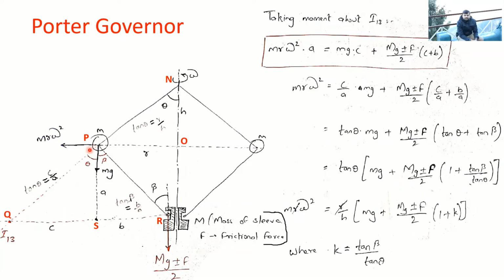In this triangle PQS, c by a is nothing but tan theta. So we have written tan theta over here in place of this c by a. And what will happen to this b by a? Look at this triangle PSR. In this case, tan beta is equal to b by a.